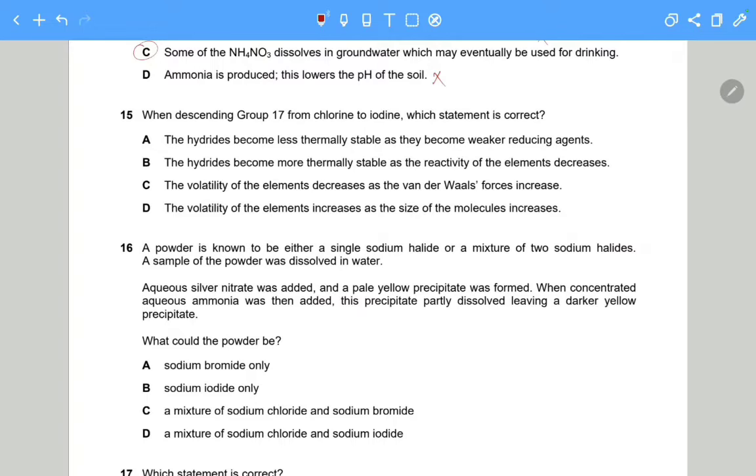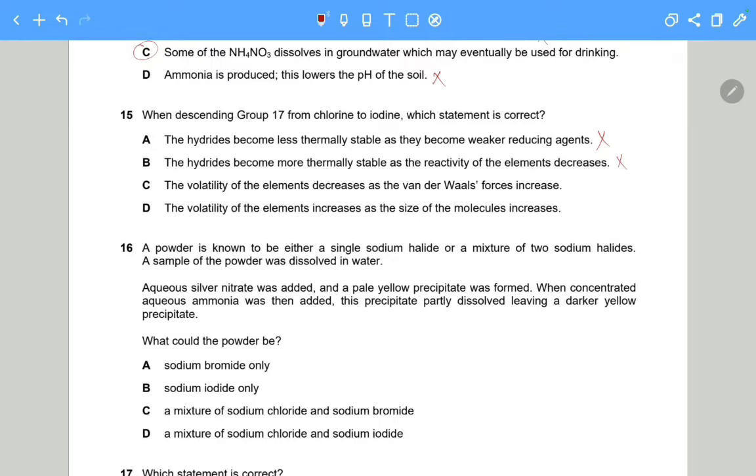HCl, HBr, HI, they will become less thermally stable because these are weaker oxidizing agents, not weaker reducing agents. So this is wrong. And then the hydrides become more thermally stable as the reactivity of the elements decreases. So the thermal stability has not got anything to do with reactivity, and therefore this is wrong.